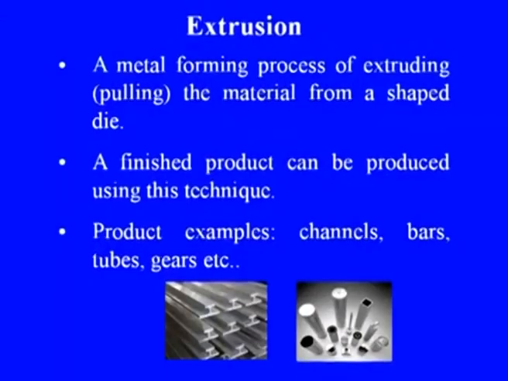Next process is extrusion. It is a metal forming process of extruding the material from a shaped die. A finished product can be produced using this technique. The product examples include channels, bars, tubes, gears, etc.